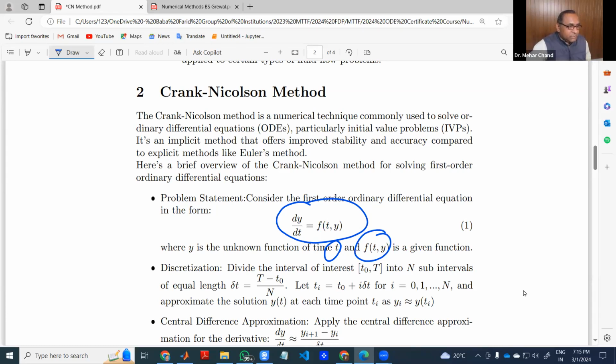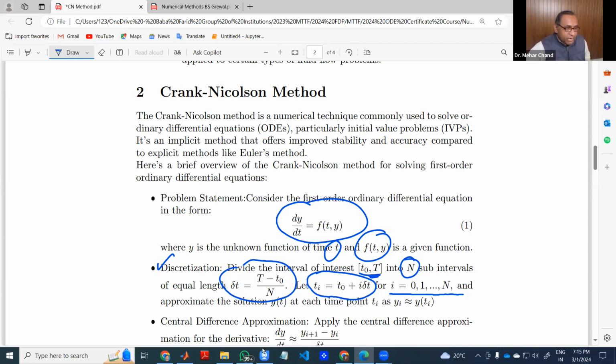So first, we will discretize, dividing the interval t0 to T into N sub-intervals. Delta t will be equal to (T minus t0) upon N, which is the step size, and the points we can compute as ti = t0 + i delta t, where i will be 0, 1, 2, and so on.